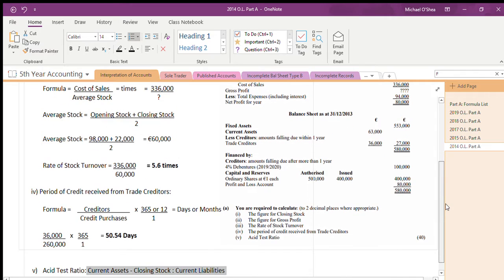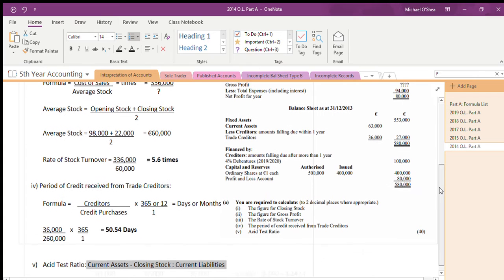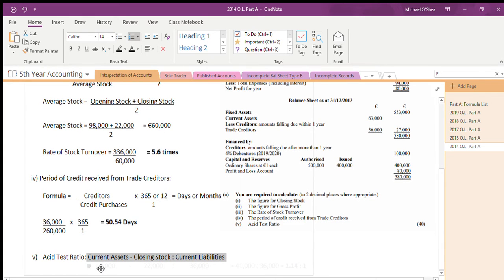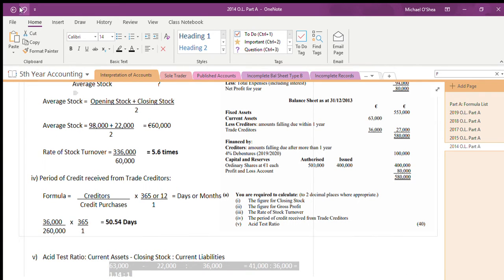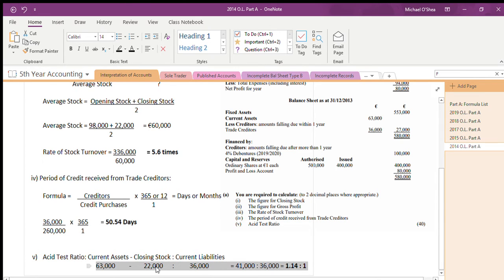So I know 63 minus 22,000 is to my current liabilities, which is only trade creditors, which is 36. So 63,000 minus 22,000 closing stock we worked out is to 36,000, and that's 41,000 is to 36,000.